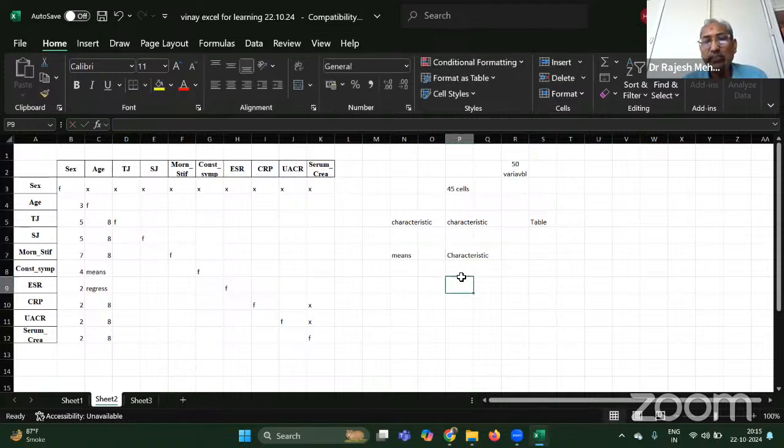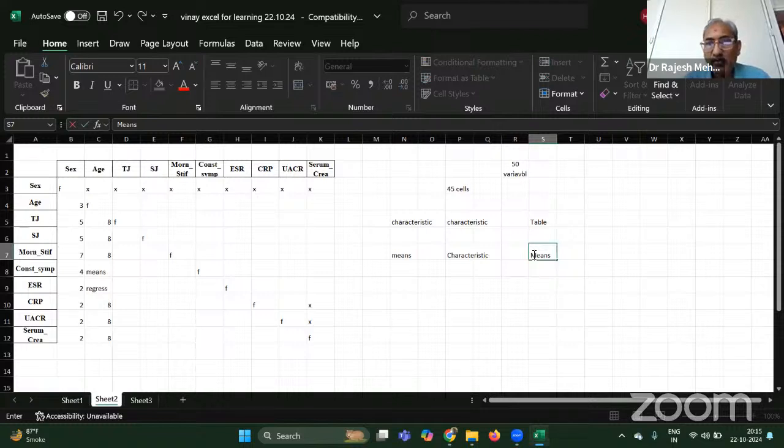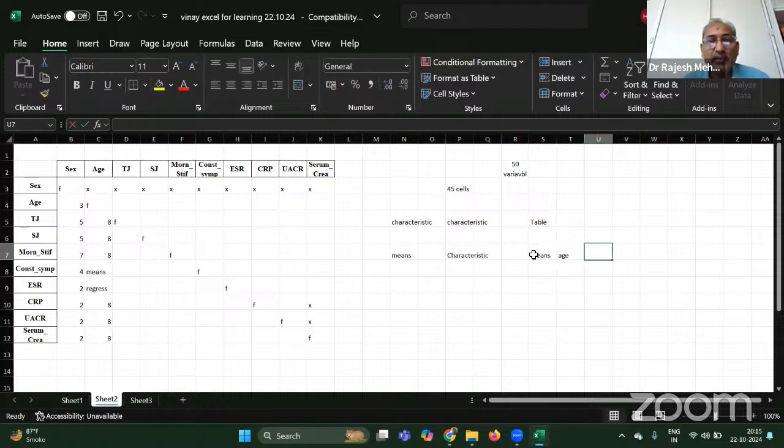right? So in this case, you should be using the means command, in which you should take a variable like cost, from which you can find out the mean, and the next variable should be like gender, which is a characteristic variable. You cannot use it the other way, with gender over here and age over here. That is not feasible.